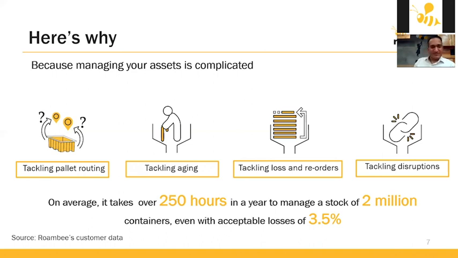ERPs, software solutions, supply chain software solutions, they all help, but all of them have a big problem. If somebody is not counting and entering the stock into these digital systems, you have no clue of where it is.